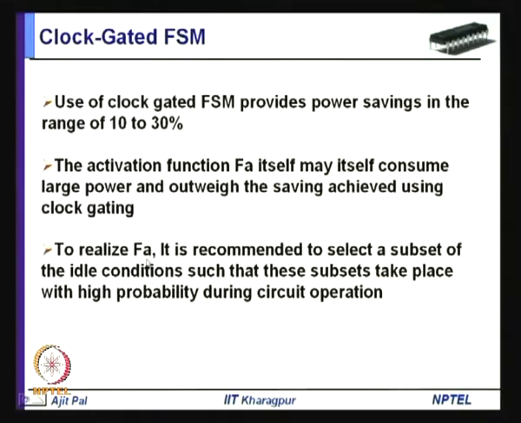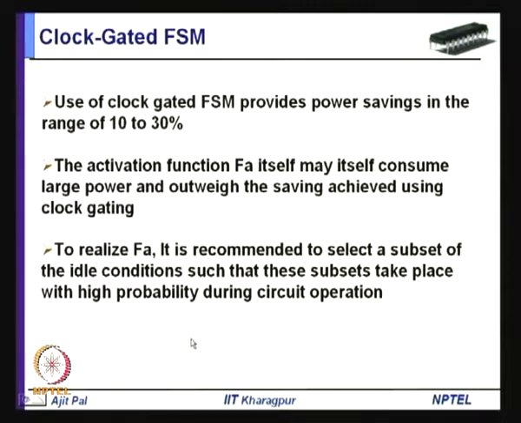That is, number one, this FA hardware should be small, and the occurrence of this phenomenon should take place with high probability when the circuit is in operation. That is how you can achieve reduction of power in this range of 10 to 30%.